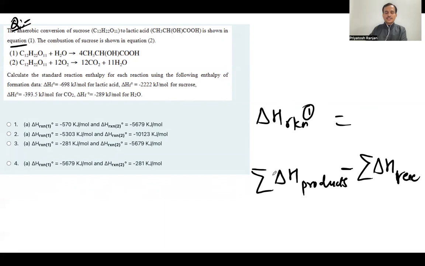Don't forget to take the stoichiometry, which you can denote by n or m, that means the moles. Let me calculate for the first reaction. All these reactions seem to be balanced, which you can see by counting the number of carbon, hydrogen, or oxygen atoms. Both equations seem to be balanced.